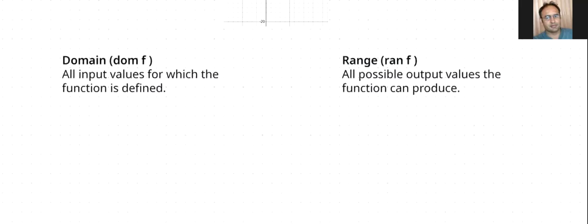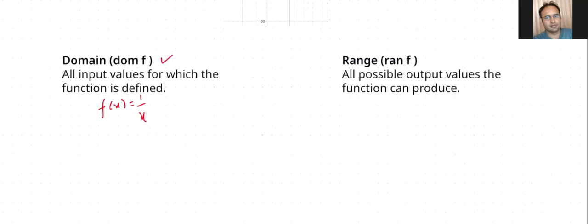Now I'm going to discuss the domain and range of the function once again. We can define the domain of a function as all input values for which the function is defined. For example, we have the function f of x is equal to 1 over x. Now you have to think about the values of x for which this function is not defined.